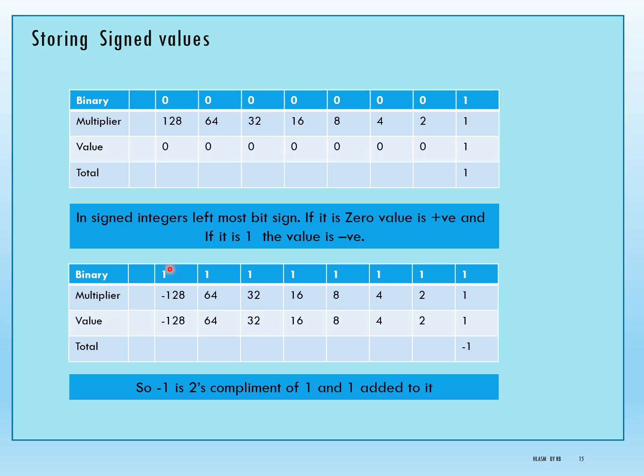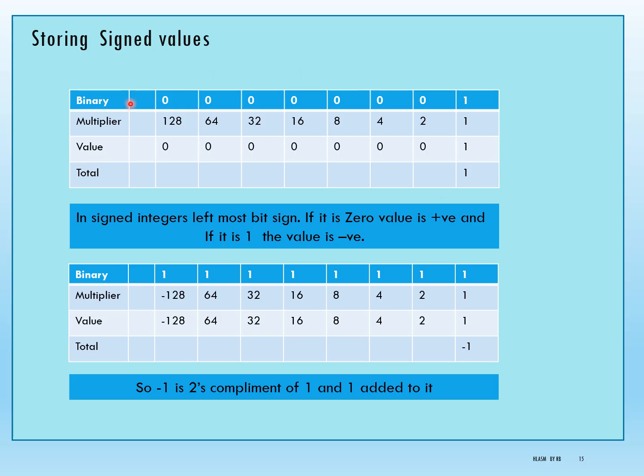Because this is a sign bit, we say this 128 is not plus 128 but minus 128. Why? We just said if the leftmost value is 1, then we consider it negative. So minus 128. You add up all these values and what we get is minus 1.